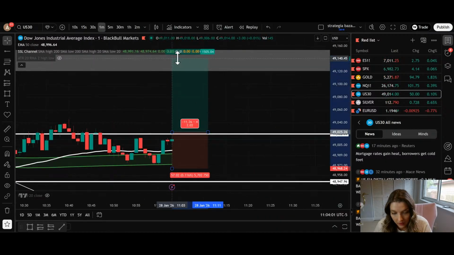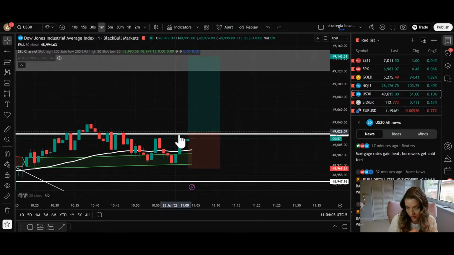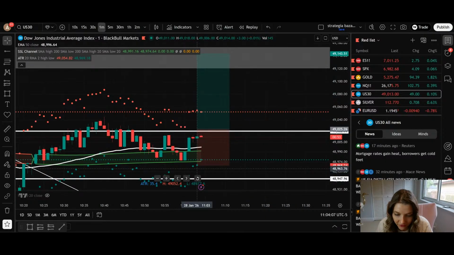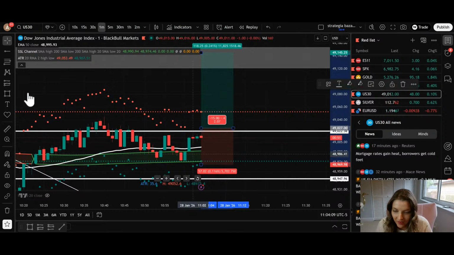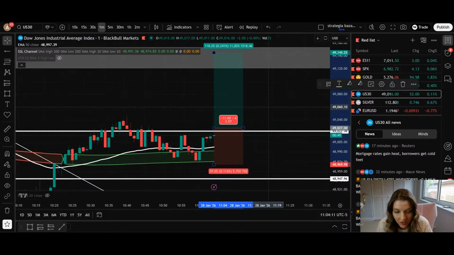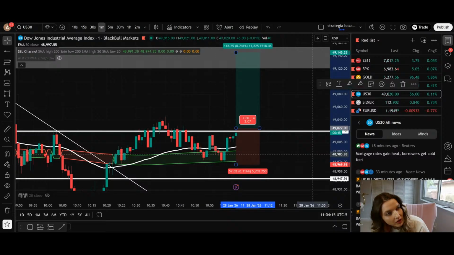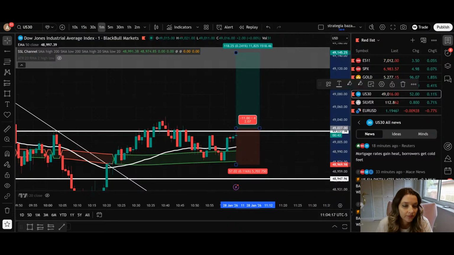Let's see what if the price breaks this, I'll go in. I have a W formed at my two indicators.